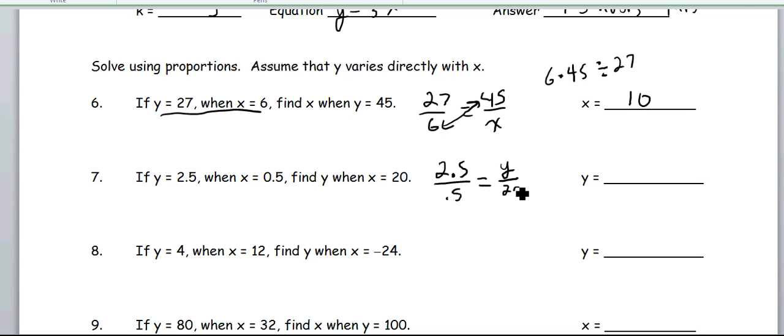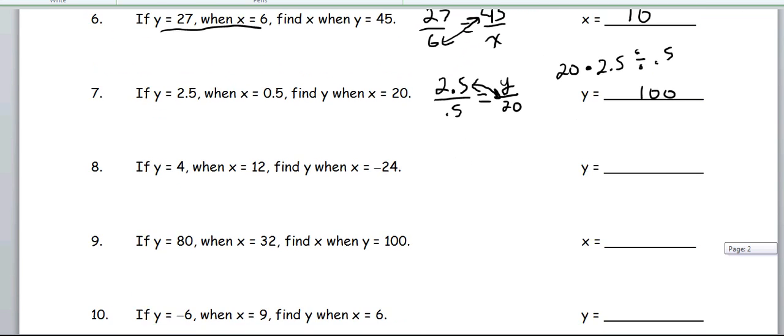So the way I do this is I'm going to cross multiply, 20 times 2.5, and then divide by this, and I can just put this straight into my calculator as 20 times 2.5 divided by 0.5. So let's do that. 20 times 2.5 divided by 0.5. And that gives me an answer of 100.